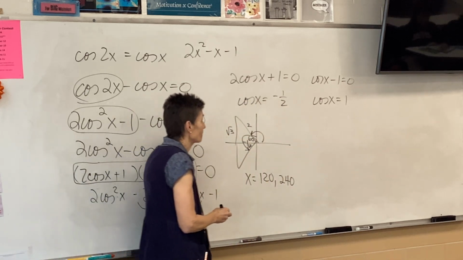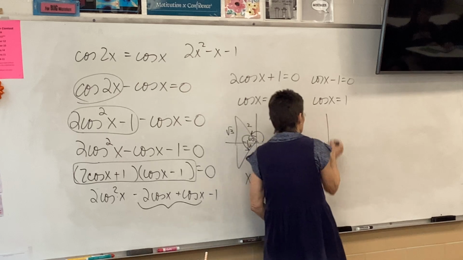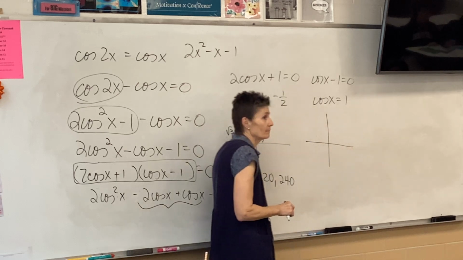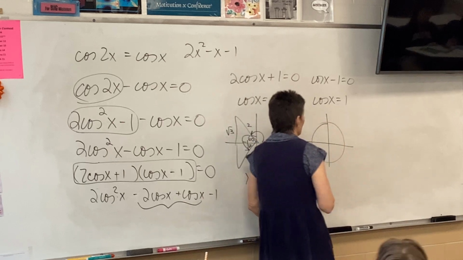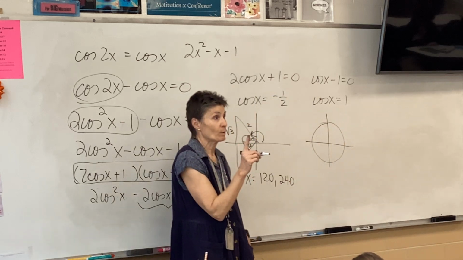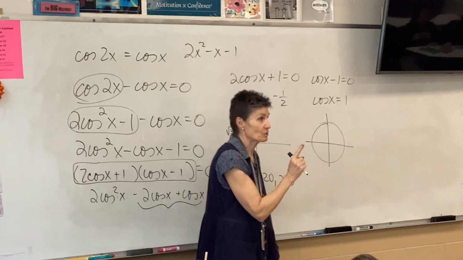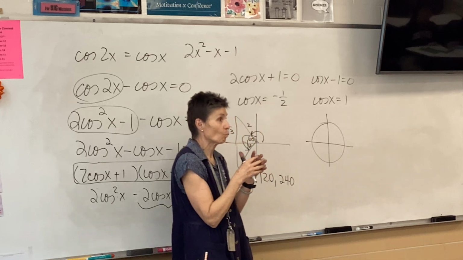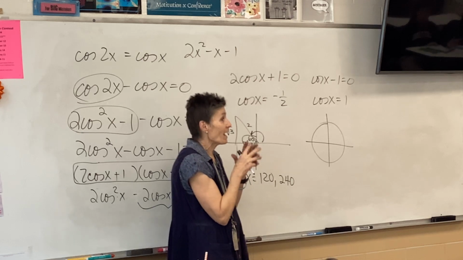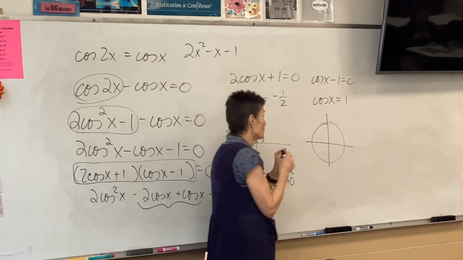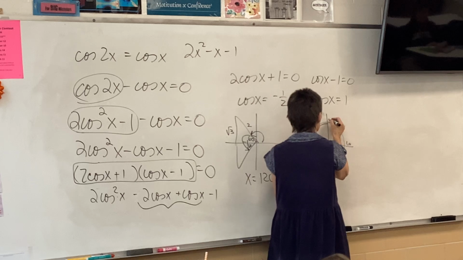And the next one's 0 or 180? Now, I heard somebody say 45. That's if the tangent's 1. If the tangent's 1, your angle is 45, because it's 1, 1. But if x is 1, you have to be somewhere on the circle.